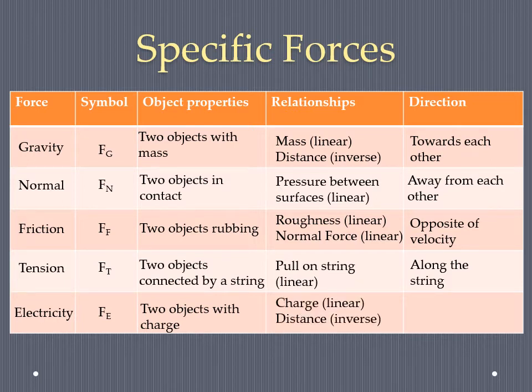The relationships that determine the force of electricity are the amount of charge the objects have, and again, similar to gravity, how far apart those objects are. Electricity is an interesting force because it can either be attractive, which means pulling two objects together, or it can be repulsive, which means pushing the objects apart, and we'll learn more about those specifics when we get into our electricity unit.